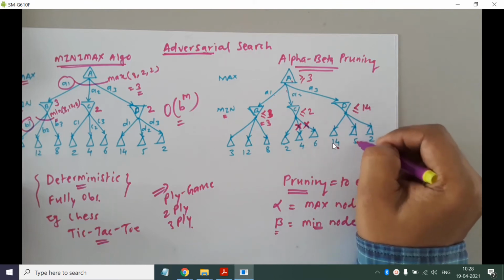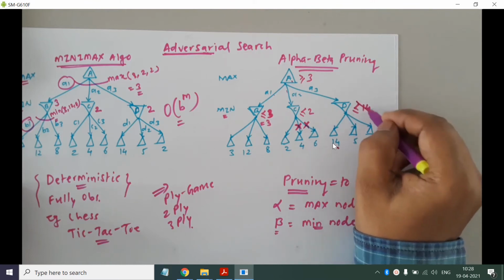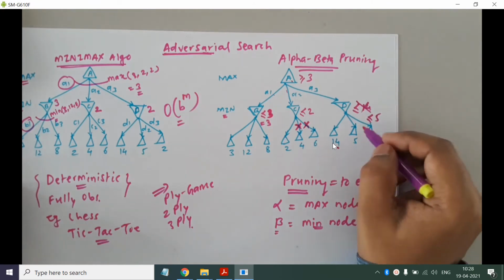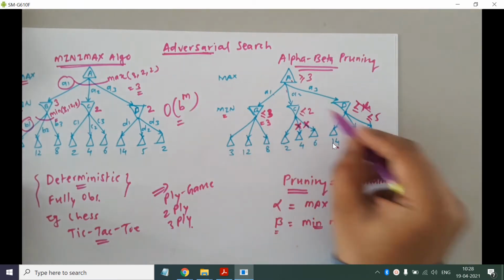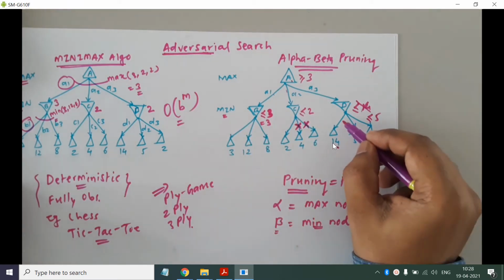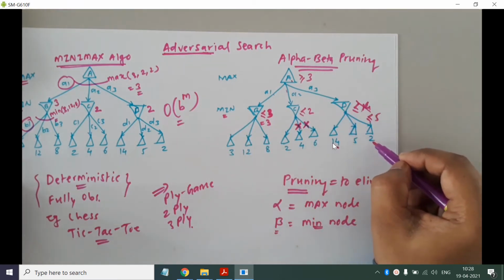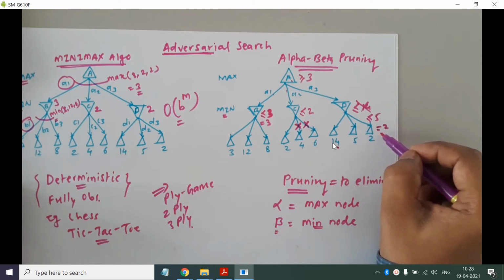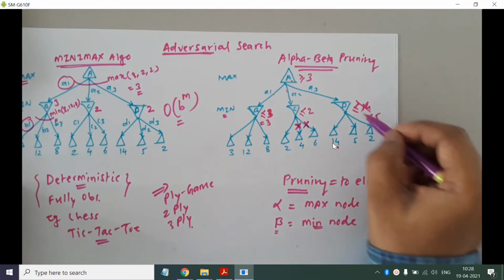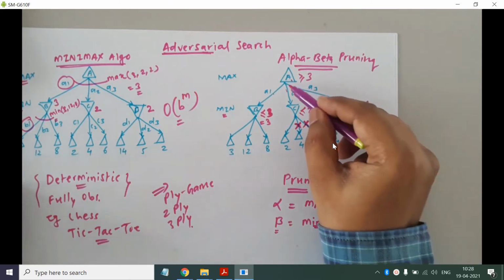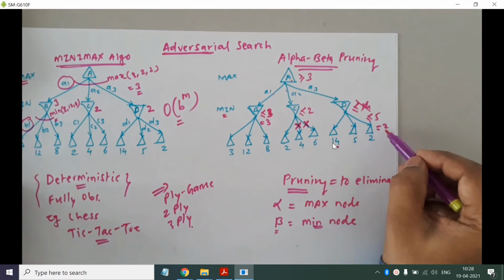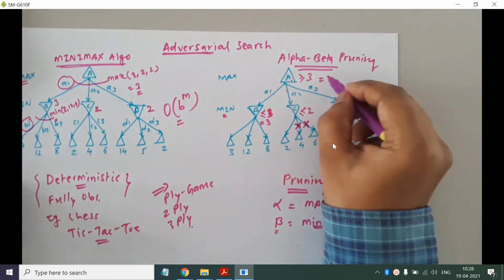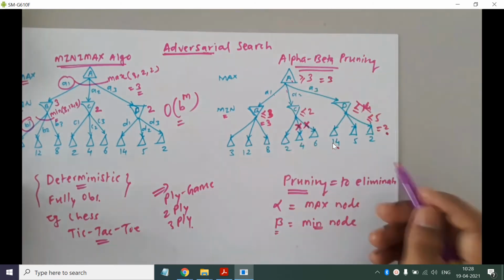Here we have a lesser value, so the beta value will be updated to 5. Again min will try to minimize this value, so we'll go to this branch, and here we have 2, so the beta value will become 2. The value max can get in this branch is 2, so the best reward possible for max is 3 if he goes in the other branch.